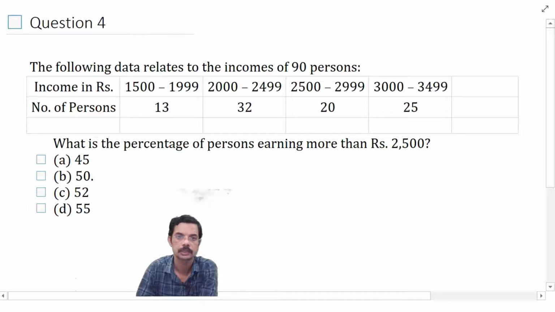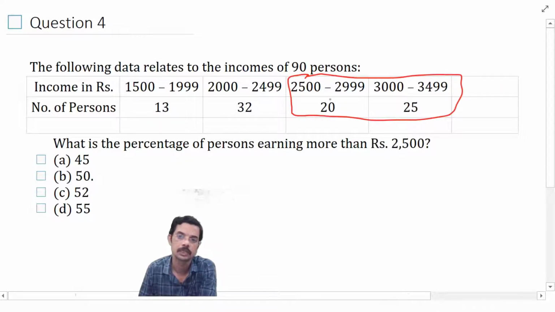Okay, so let us understand what it is. More than 2,500 means this region. So here in total we have 45 people who get more than 2,500. In total we have 90 people. So 45 out of 90 get 2,500 or more, right?